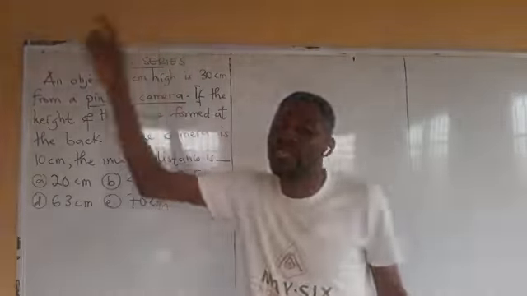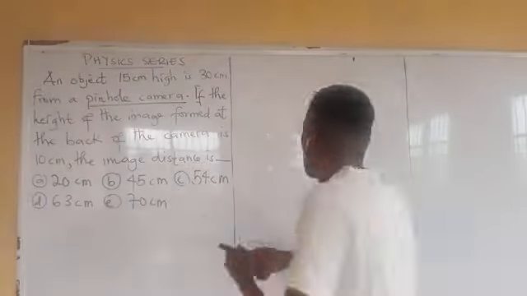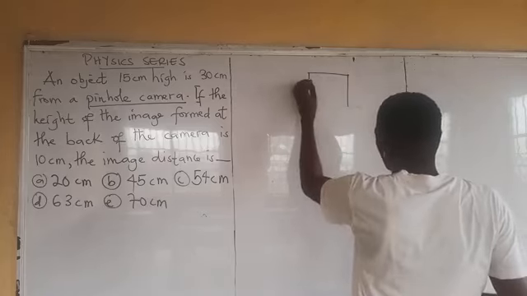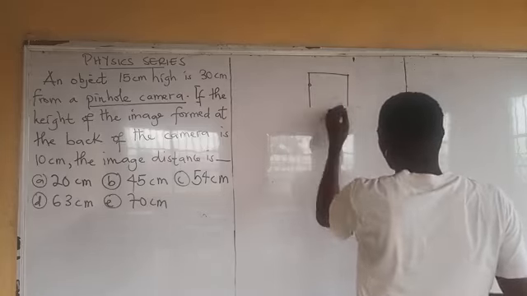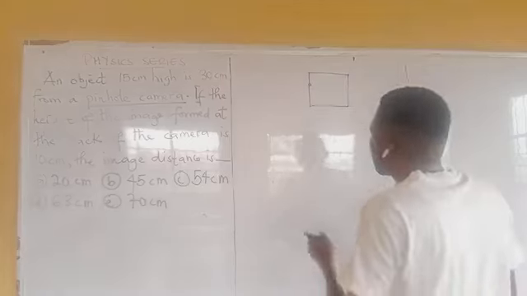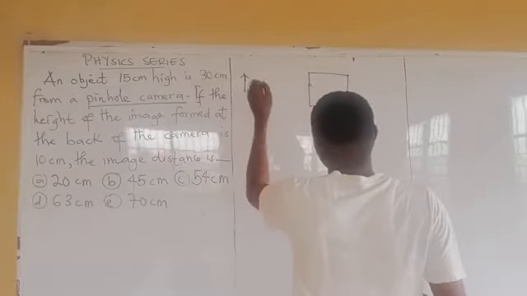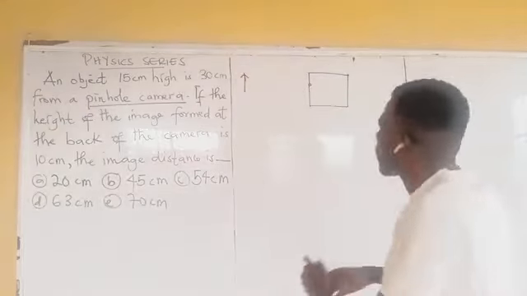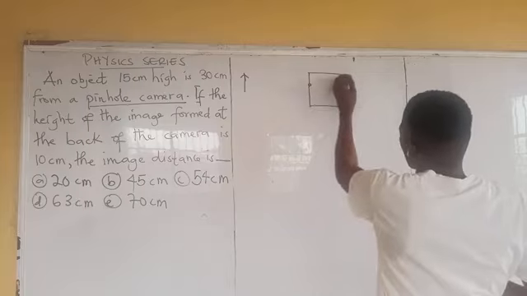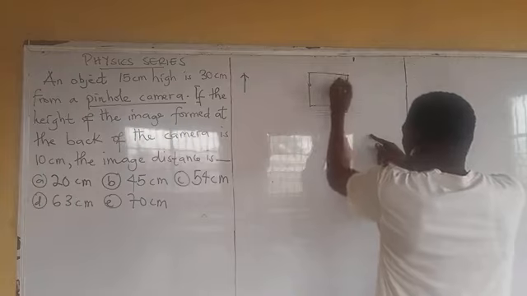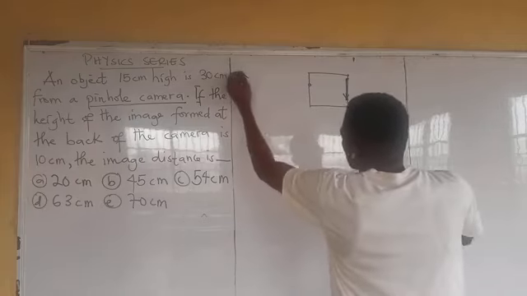It was used in the olden days, and it is like a box, something like this, with a small opening. We call the opening an aperture. You have an object placed in front of the pinhole camera. The light rays fall on this object, and there is a screen at the back of the box, so the image is formed here, just the way the image is formed on the retina.